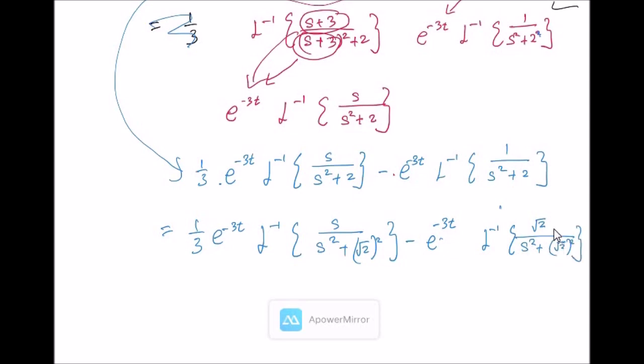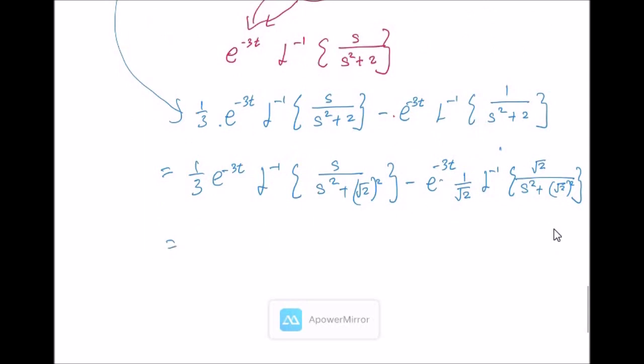So this is the extra value, so you need to divide with the square root of 2. Then finally we can get 1 over 3 exponent negative 3t cos square root of 2t minus exponent negative 3t divided by square root of 2 sine square root of 2t.